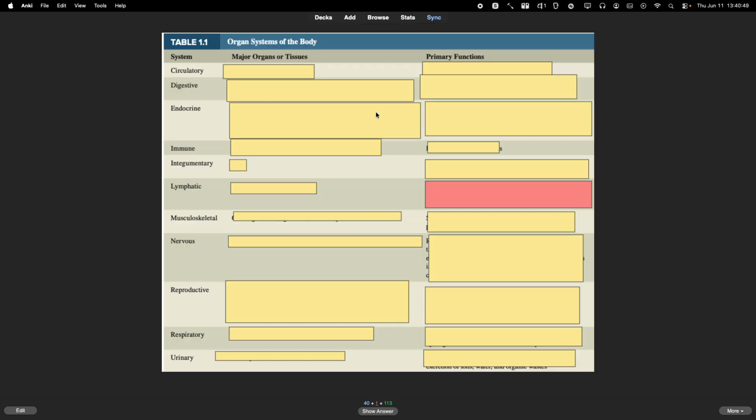Okay, the primary functions of the lymphatic system. One of the obvious ones is recovering fluid from the interstitial fluid and returning it to the blood. So fluid goes out of the blood to the interstitial fluid, and then it flows through lymph vessels to the lymph nodes.